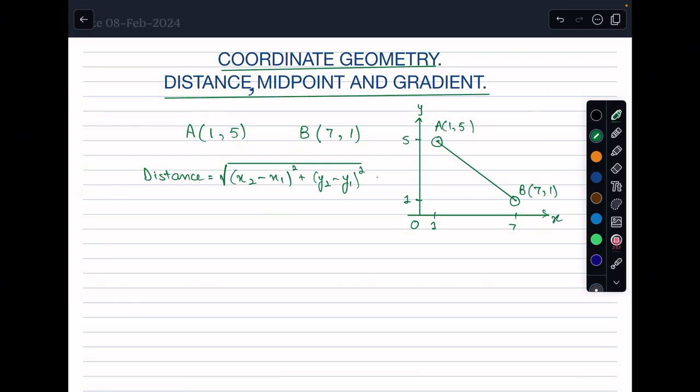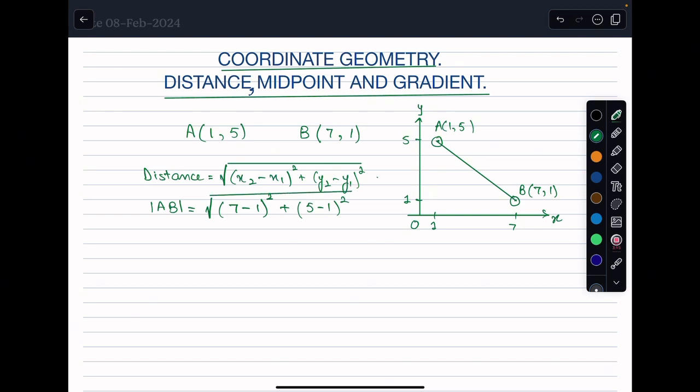This is the general formula to calculate the distance of a straight line. In this case, the distance between A and B is 7 minus 1, which is the horizontal distance, and 5 minus 1, which is the vertical distance.